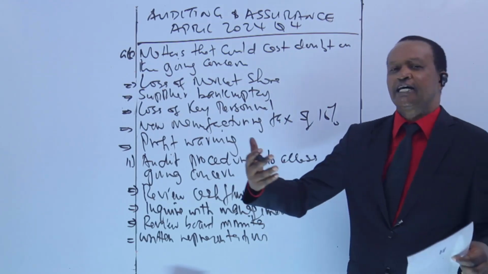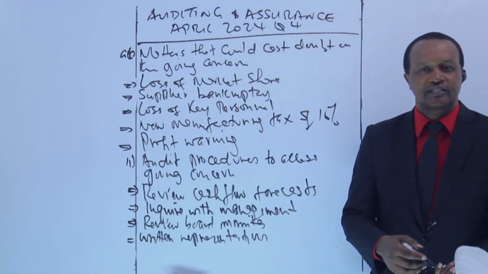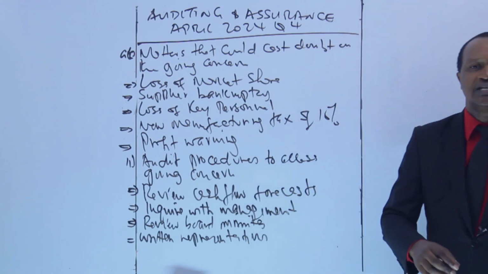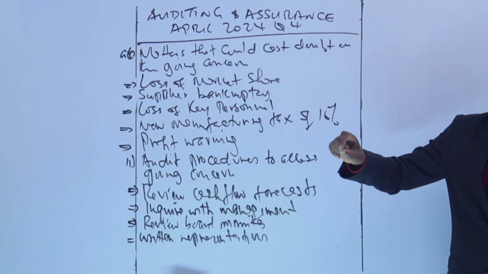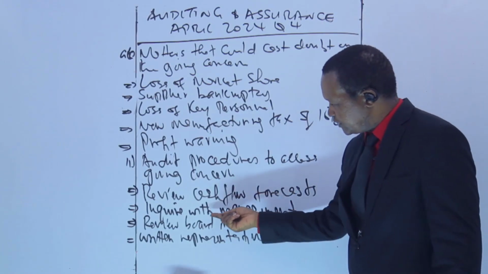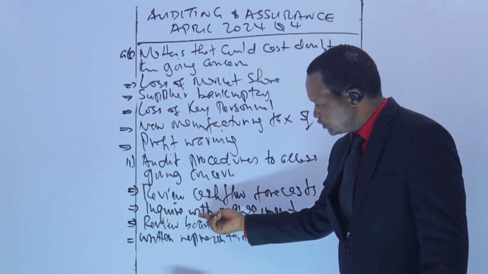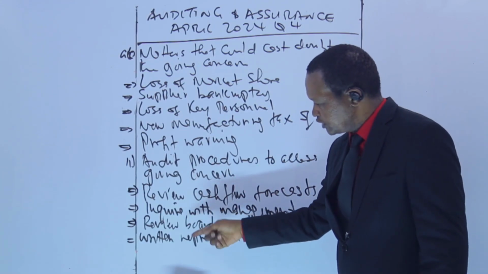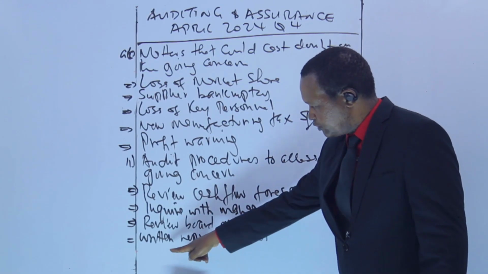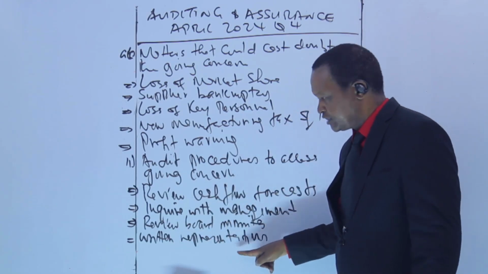What are their plans to address any identified risks, and even the completeness and accuracy of information provided to the auditor. This information that they have provided in interviews and discussions, make sure they put it down. Obtain written representations.